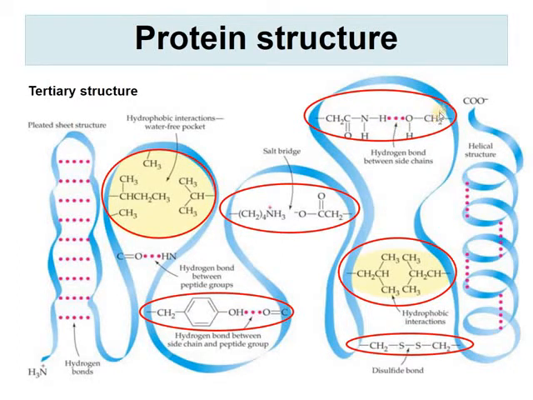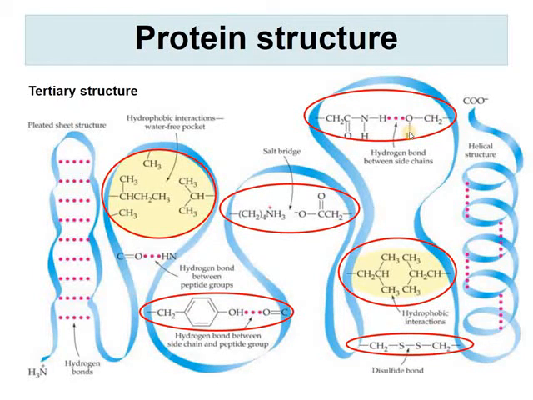So this is likely serine, and this is histidine. They form together a hydrogen bond between the amide hydrogen and the oxygen of the hydroxyl group.